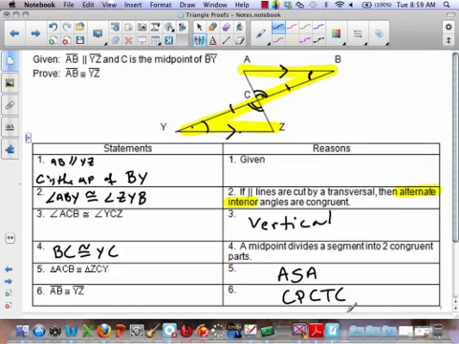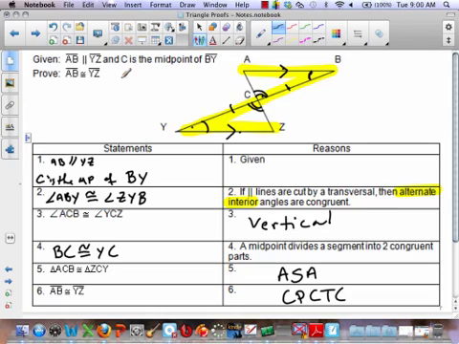I seem to get, like, you have AB as corresponding or congruent, so couldn't it be side angle side? I guess I don't understand why it's angle side angle instead of side angle side.